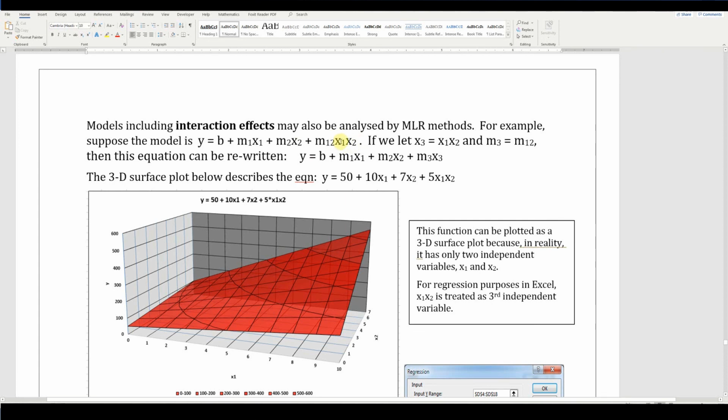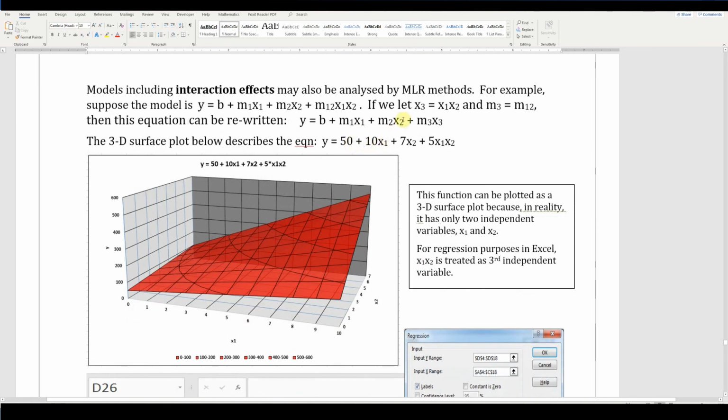We actually only have two independent variables, but this one's creating it as if it was a third variable. If we let x1 times x2 equal x3, a linear variable, and we'll let M12 be M3, then this equation becomes more like a multiple linear equation, B plus M1x1 plus M2x2 plus M3x3.